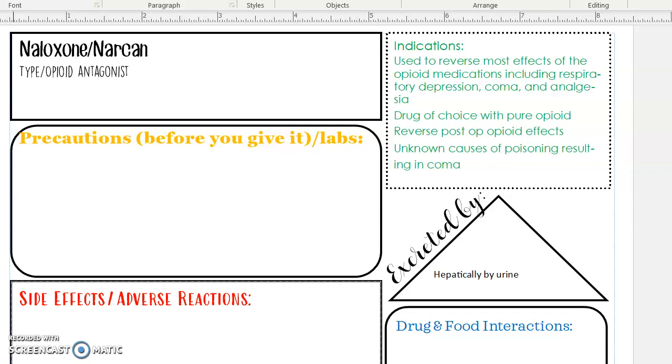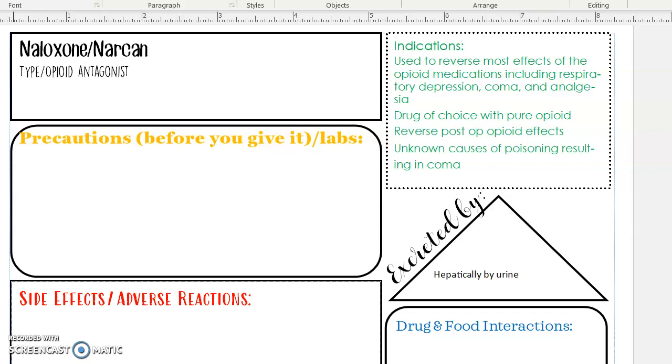This drug is eliminated by your liver and the half-life is approximately 2 hours. Other sources will say in about an hour to 90 minutes, it could go away. Remember, if they are really dependent on this drug and you give that to them, when the drug starts to wear off, they're going to go into withdrawals.